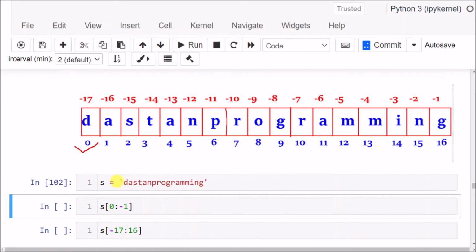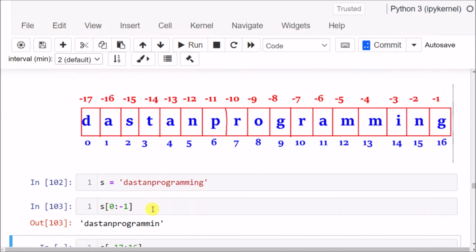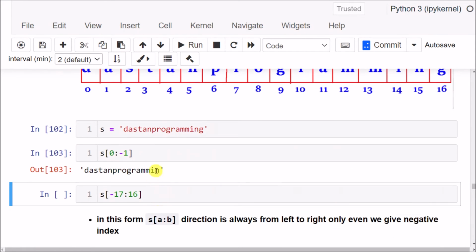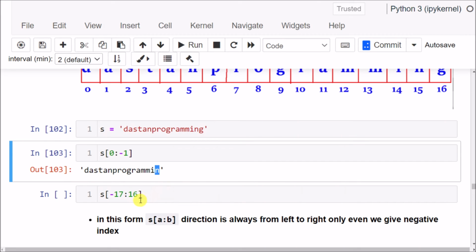From 0 to minus 1, minus 1 is here, so minus 1 is excluded, so before minus 1 the n value is there, so means up to n we have to print all those values. Okay, so we can see here up to n printing all values.